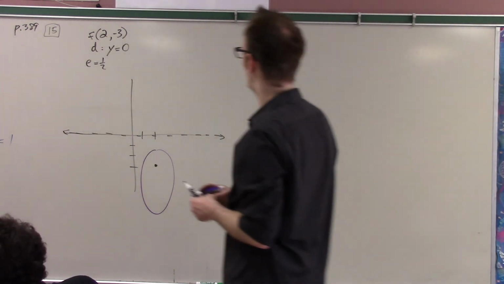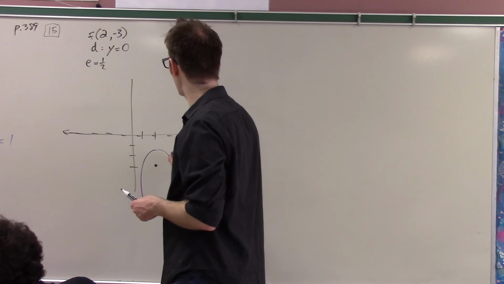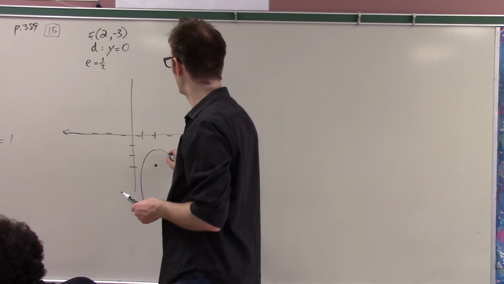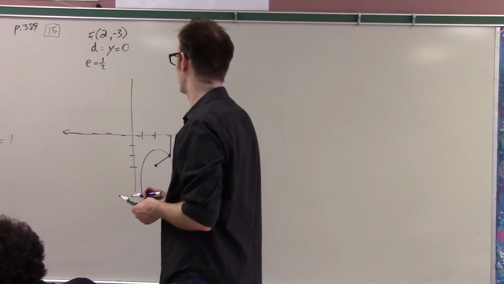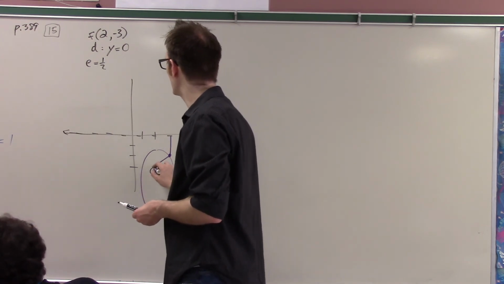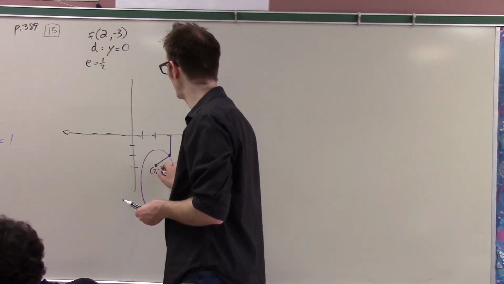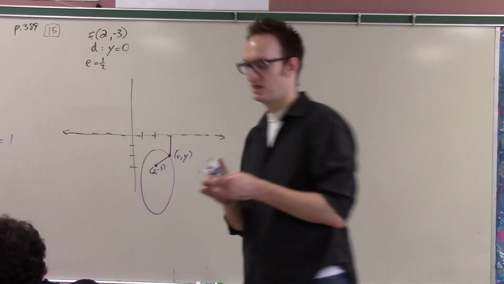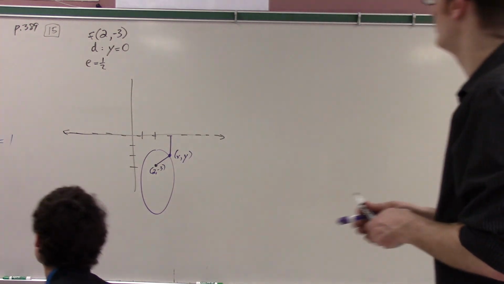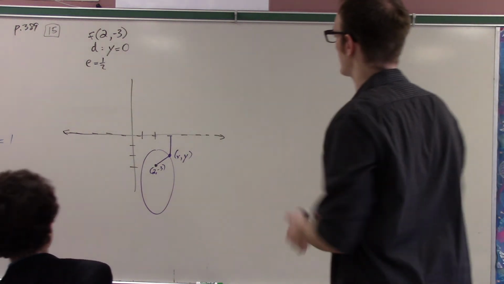And then I will pick an arbitrary point on this ellipse, and I will attempt to do math. Well, this is the point (2, -3). This is the point (x, y). What is true based on the new definition of conic section?